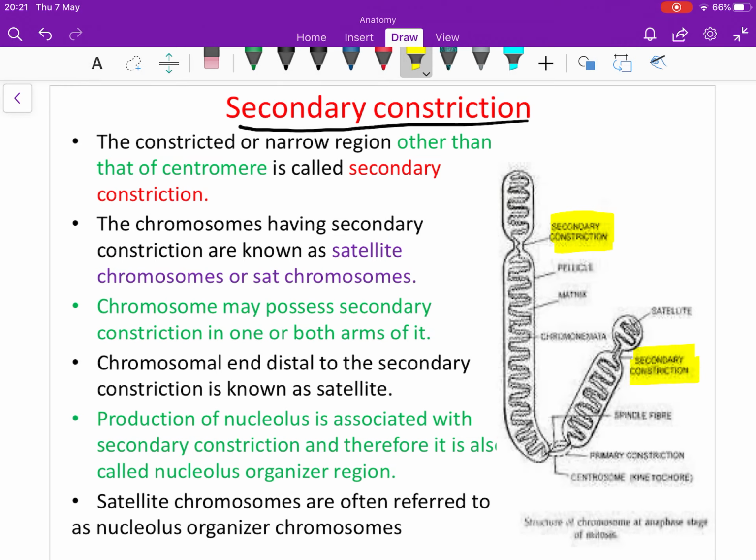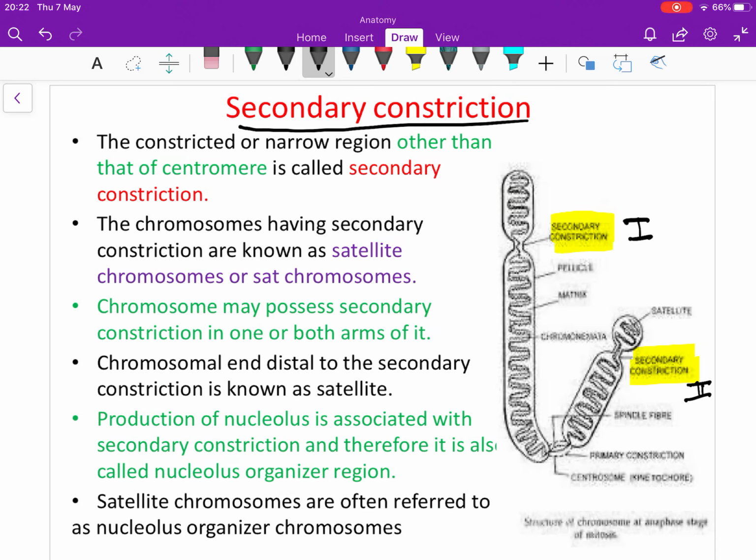Suppose this is the first one, so we call it secondary constriction 1, and this one is secondary constriction 2. The constriction is actually a narrow region other than the centromere, and such regions which are narrower than other parts of the chromosome are known as secondary constrictions.